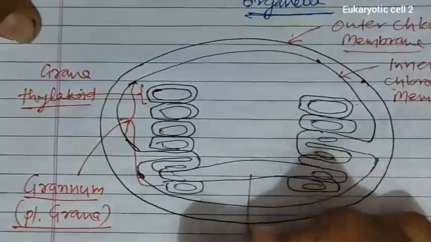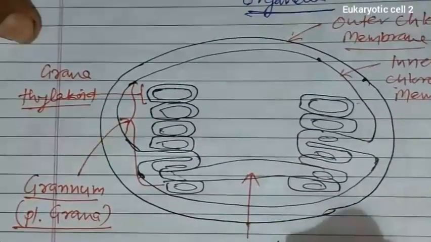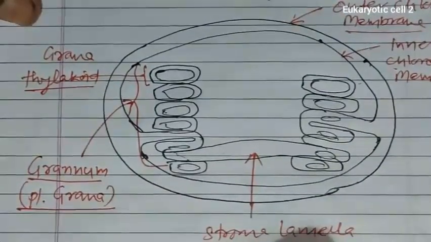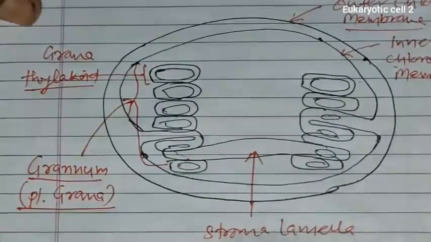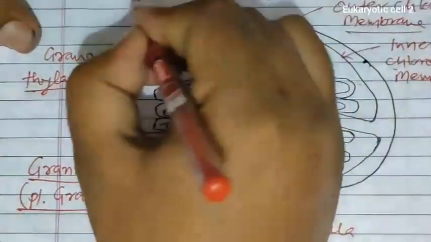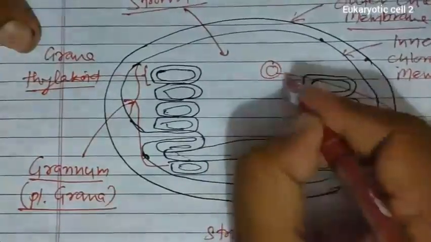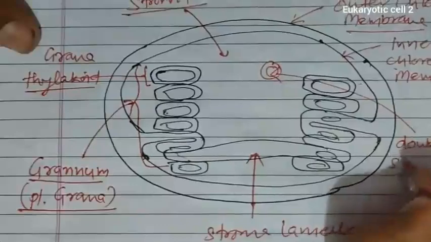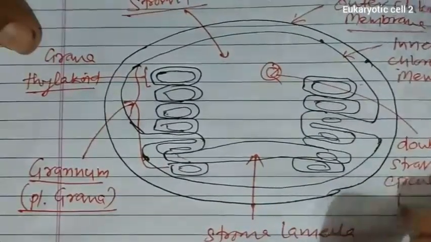Now this is also a thylakoid which is named stroma lamella, and it can also be called stroma thylakoid. This is the stroma, and in the stroma there is double stranded circular DNA.